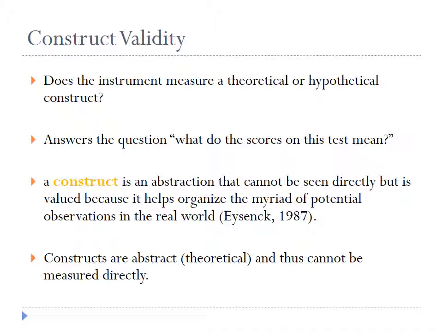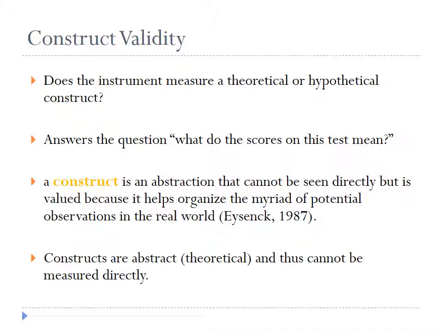The third type of validity is construct validity. Does the instrument measure a theoretical or hypothetical construct? It deals with the question, what do scores on this test mean? Constructs, by their very nature, are abstract entities.